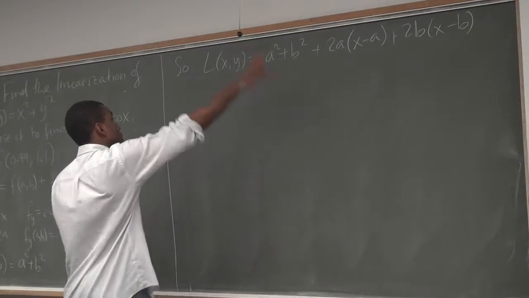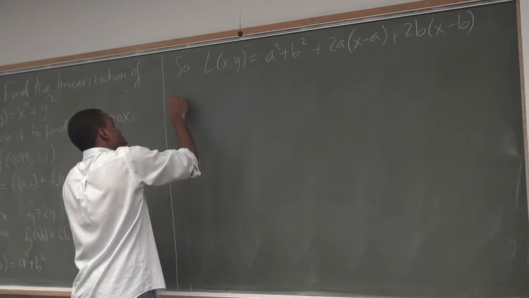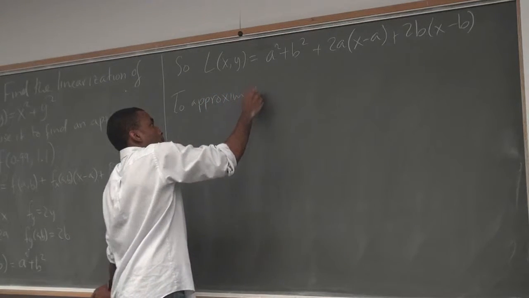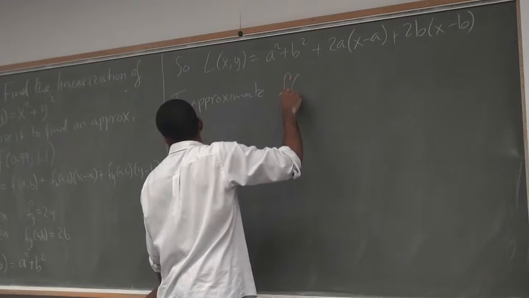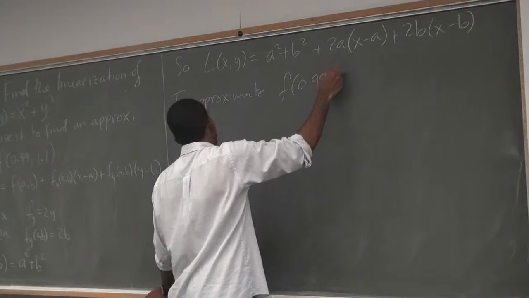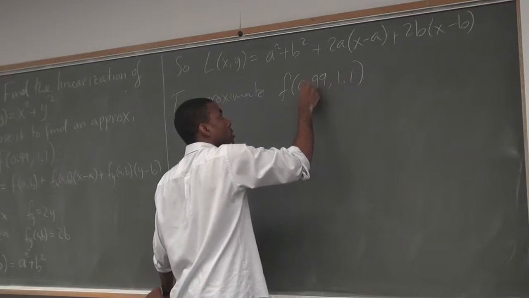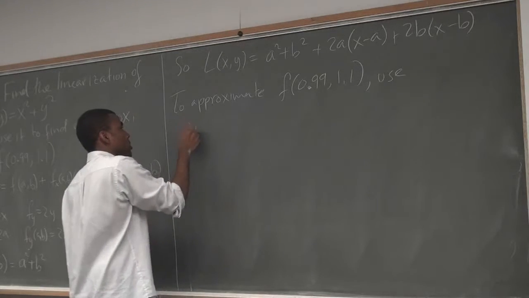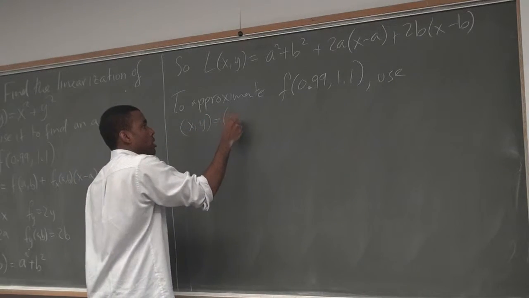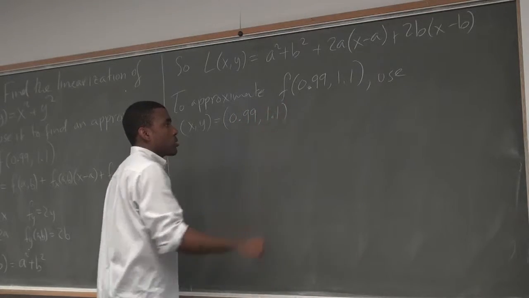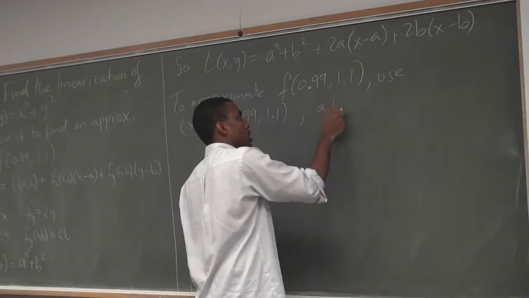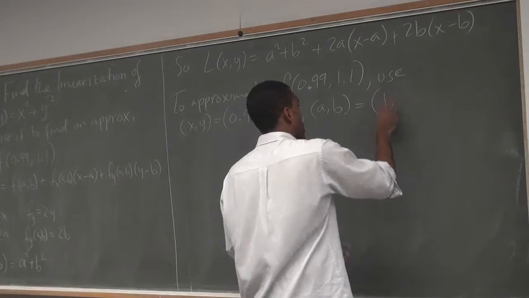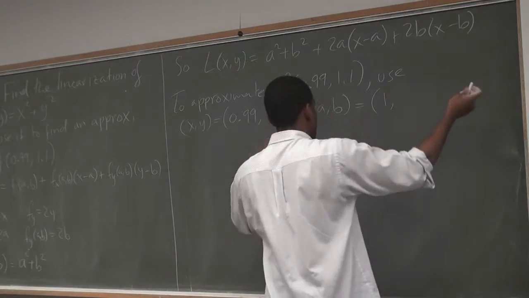Okay, that's the linearization. Now, to approximate f at (0.99, 1.1), use... so remember (x, y) is the actual point. (a, b) is a nice point that's close to (x, y) that you think you know, right? This is just like Calc 2, so it's the same thing.